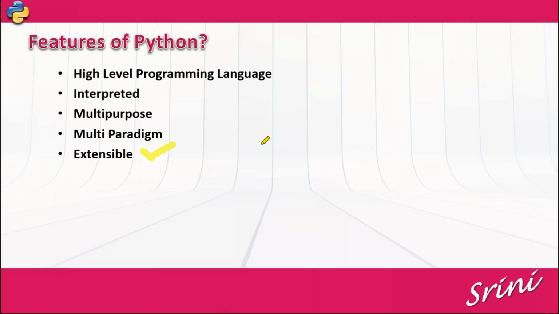What is the benefit here? Suppose many years ago you developed an application. For so many years that organization was working with a Java project, a Java application. Now they want to migrate to Python. They need not redevelop all programs in Python.